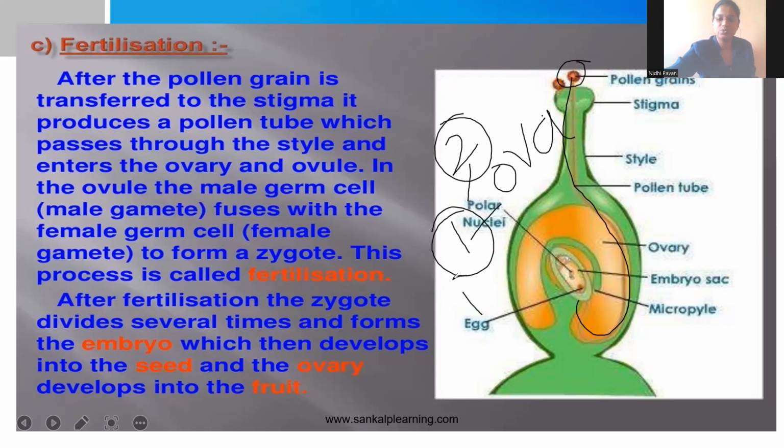The other male nucleus combines with the two polar nuclei, the two other cells present along with the ova. So two polar nuclei combine with one male nucleus, total three, right? This is called triple fusion. And as fusion of male sperm occurs twice, once with the ova and once with the polar nuclei, it is called double fertilization. A very, very important concept in sexual reproduction in plants.